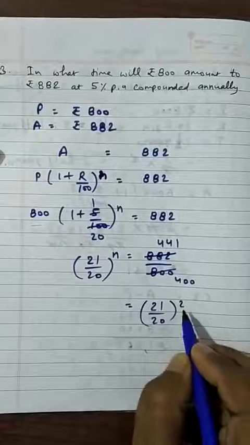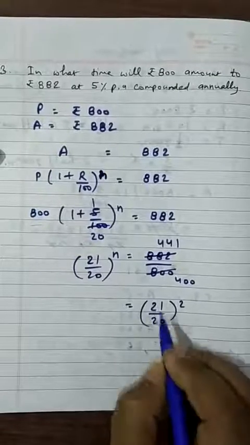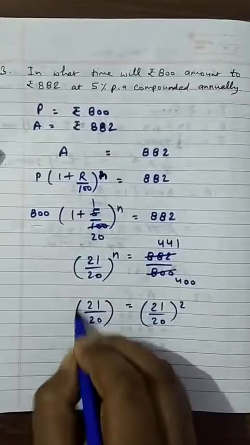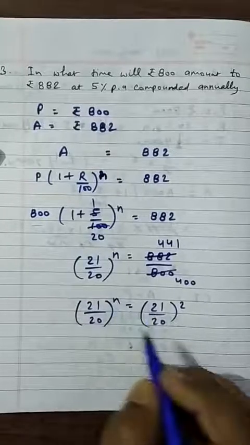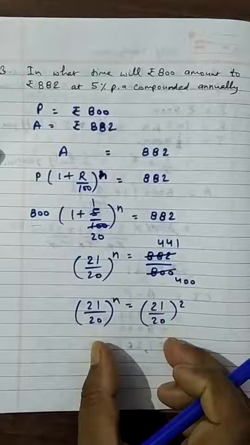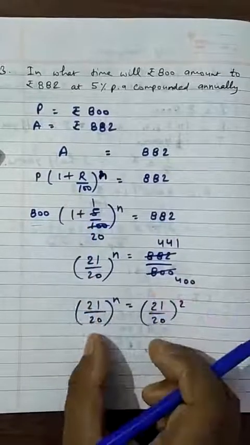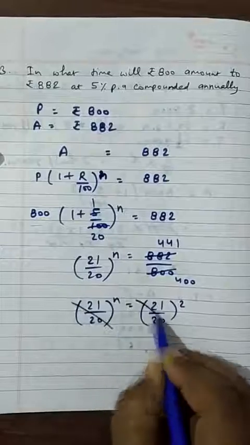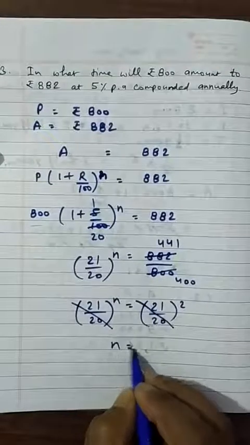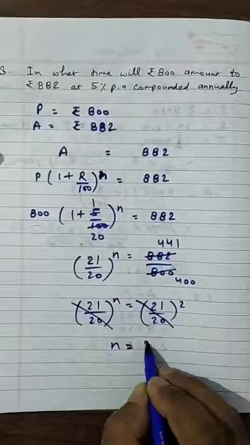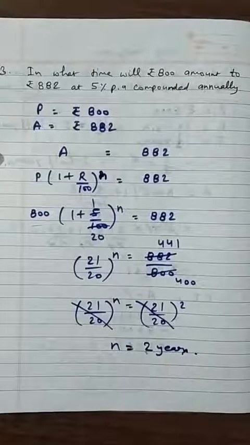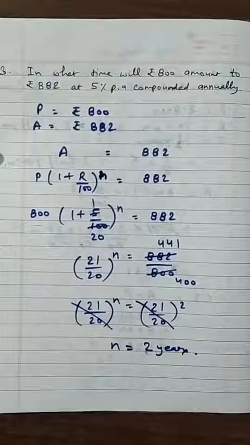So the power of 2 over both, 21 upon 20 here also, and on the power n. Now the bases are same. This is what we do when we find the time. The bases are cancelled. So n, the number of years, is 2 years. This is the finding of time.